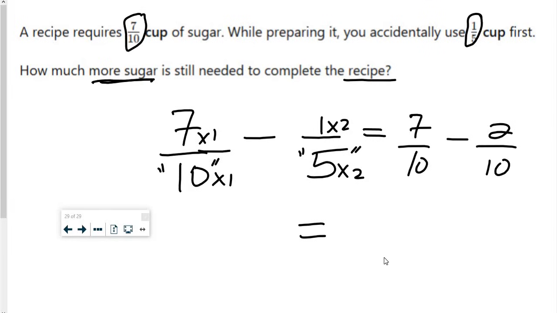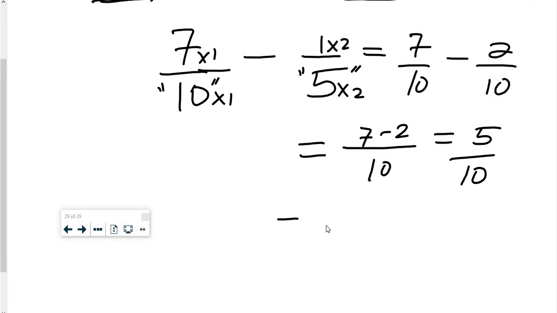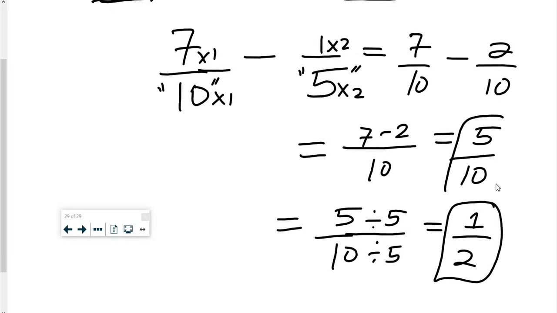LCM is 10, 7 minus 2, answer will be 5 upon 10. When you simplify this, 5 upon 10, you end up dividing by 5 here, by 5 here, answer will be 1 upon 2. So this and this will be the final answers.